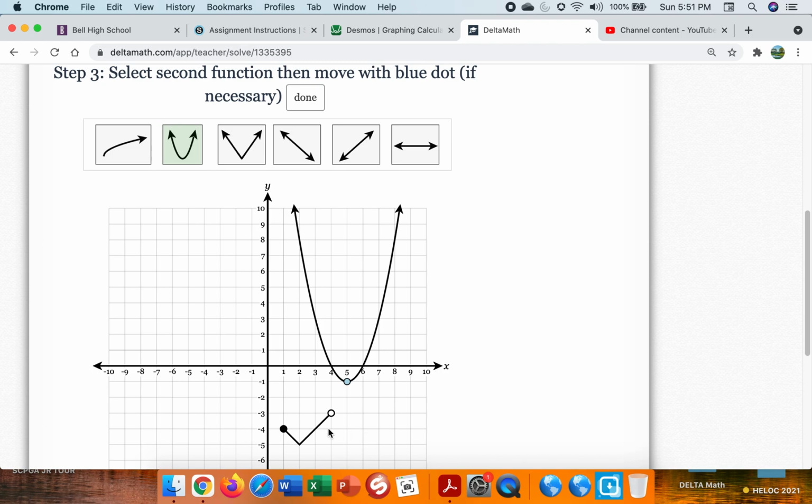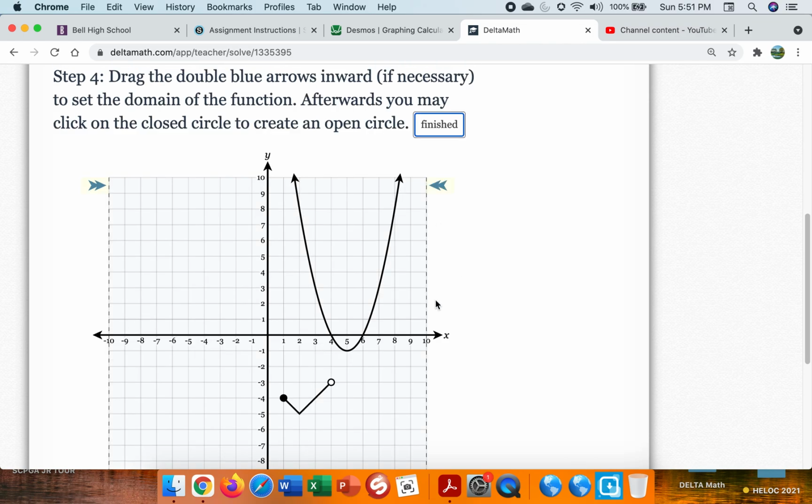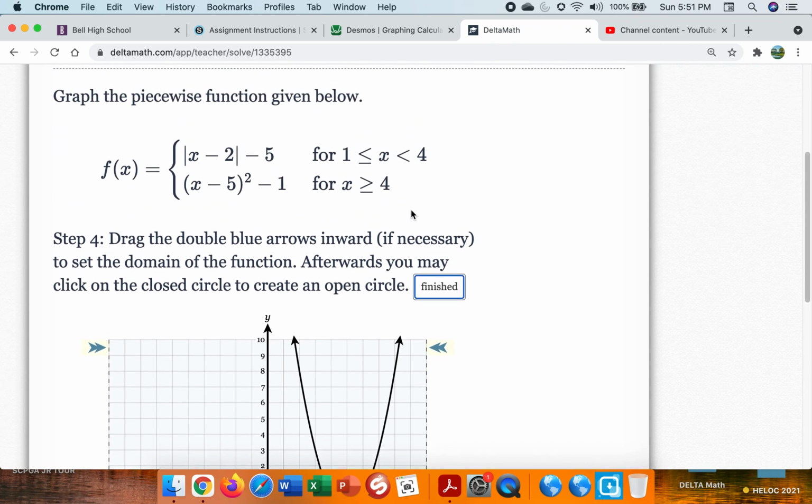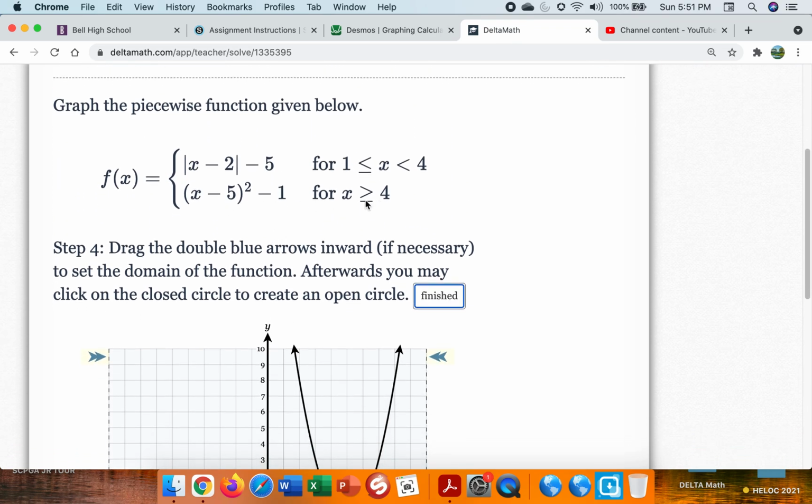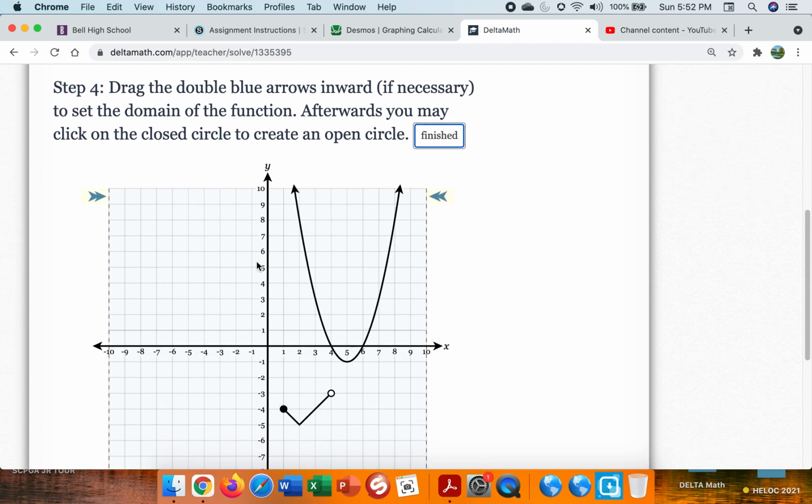Right there. So select the function, move the blue dot. Did I do that step? Yes, done. And then here's where this does the interval for you. This one says it only wants to see the values of x that are equal to 4 and greater than 4. It's equal to 4 or greater than 4, while 4 is right here on the x coordinate.